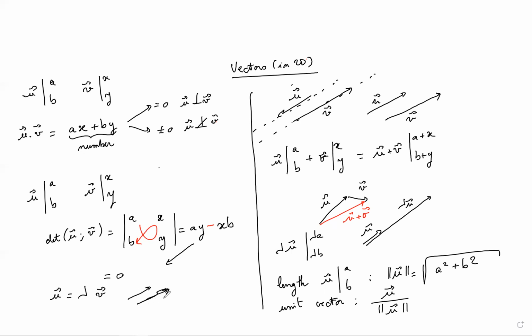You don't know which, but they are not independent. It means you can't use them to form a basis, because if you use them to form a basis and you have parallel or anti-parallel vectors, you only have one axis and you don't have the other one. It doesn't work. Okay, so you will have to compute determinants of vectors to check if you can use them as a basis or not.